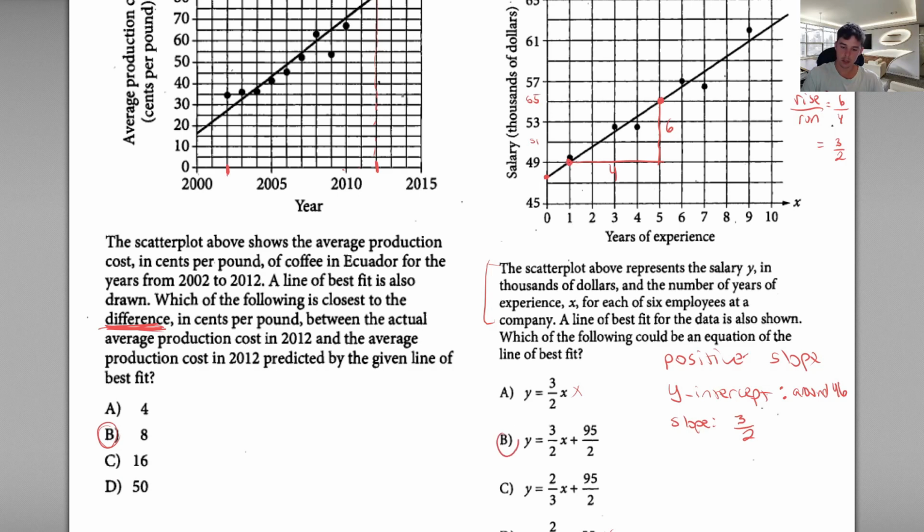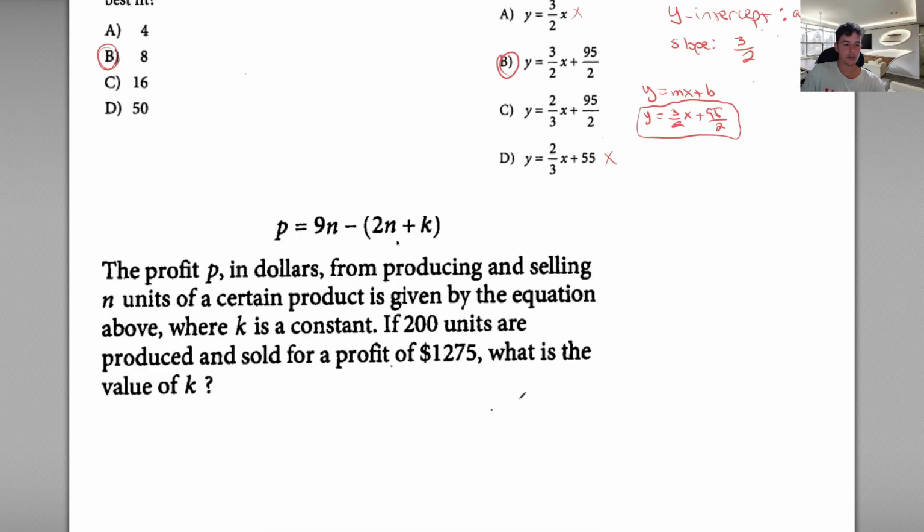That means B is right. So the equation y equals mx plus b. We know that b is the y-intercept, and the slope will be 3 over 2. y equals 3 over 2 x plus 95 over 2. Easy. Let's go into the next one.